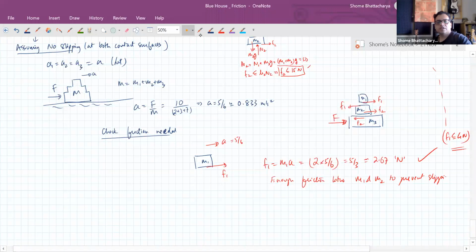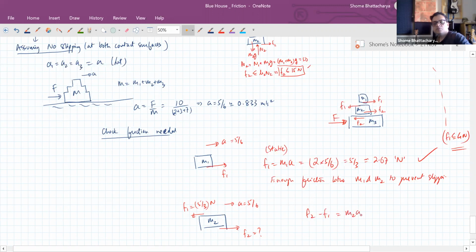Okay. But also check on the other one. For that you can take the free body diagram of M2. On M2 we know that there will be this friction acting backwards, and we just calculated this one. This is a static friction, because there's no slipping between M1 and M2, but how much it is, 5 by 3 newtons. Now we need to find out how much this needs to be, because this also needs to move at the acceleration of 5 by 6. So F2 minus F1 should be equal to M2 a.